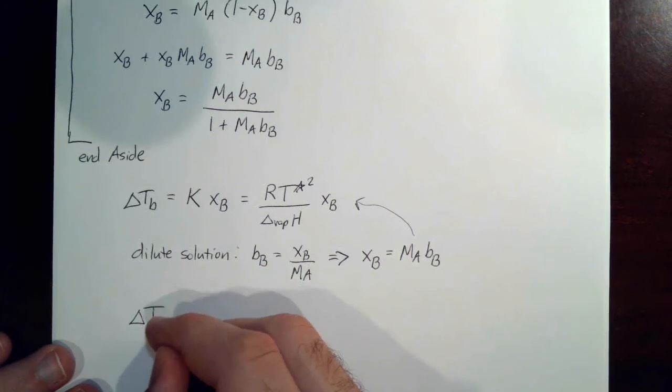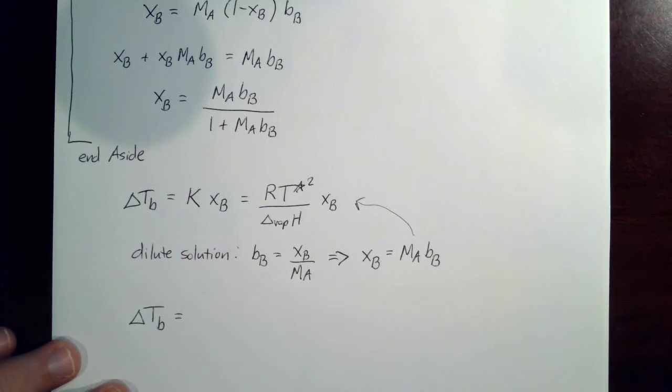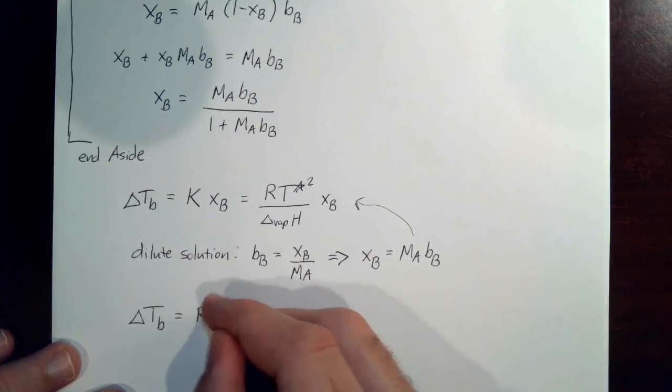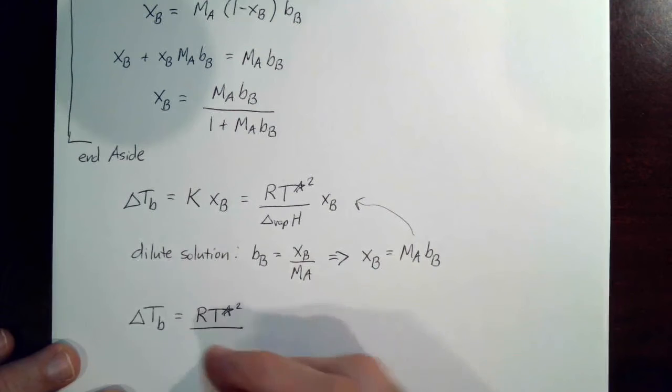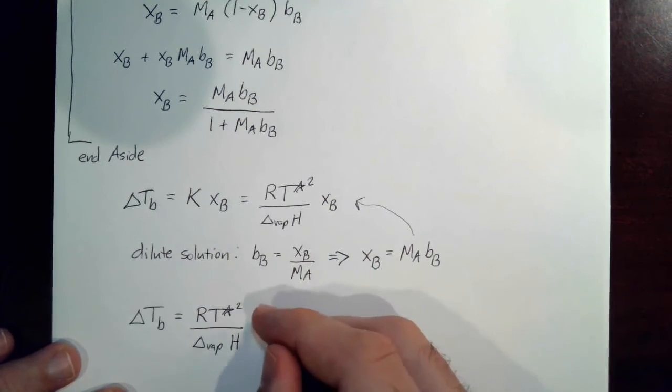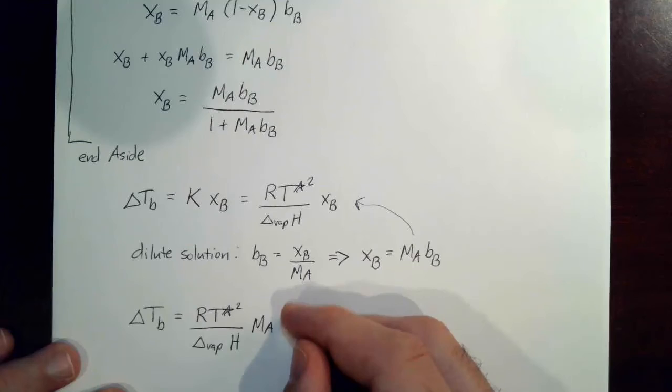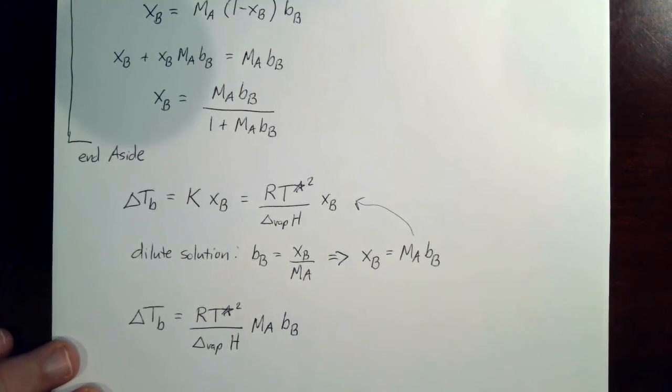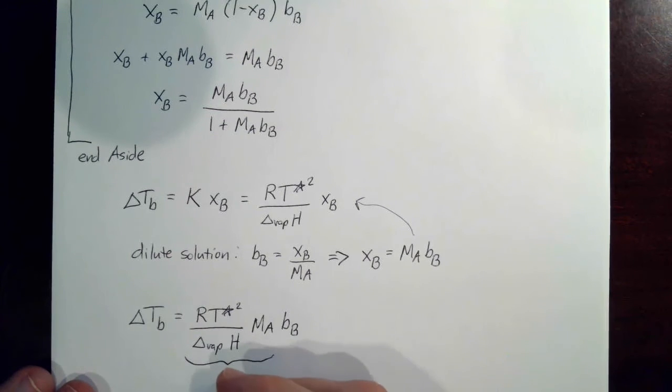And I get that the change in the boiling point is this times MA BB. And this is a constant. And we're going to call this constant the boiling point constant, KB.